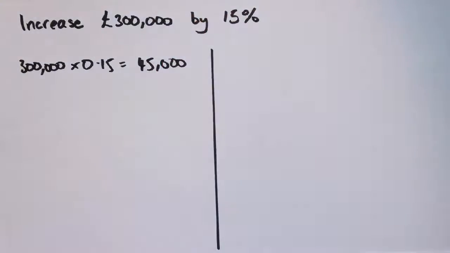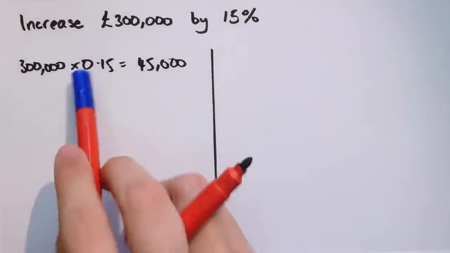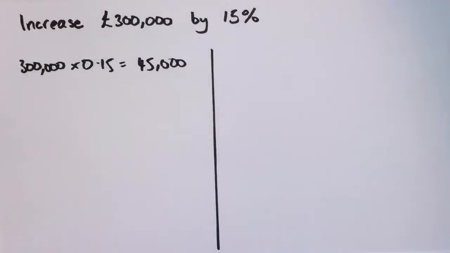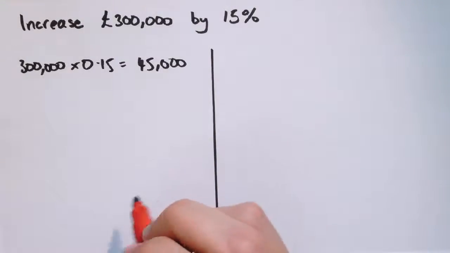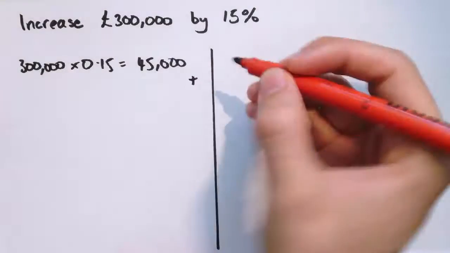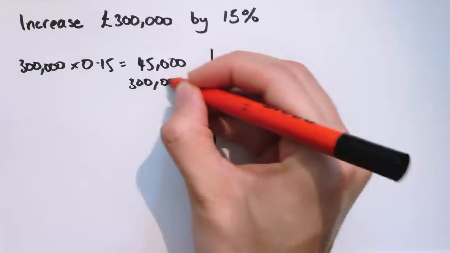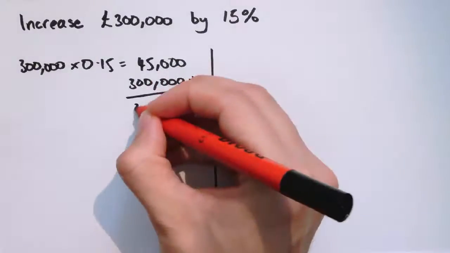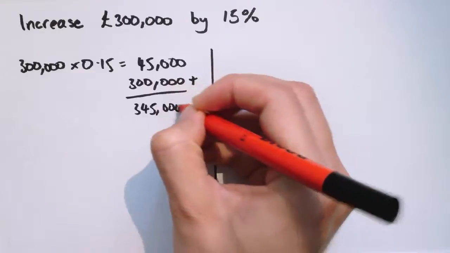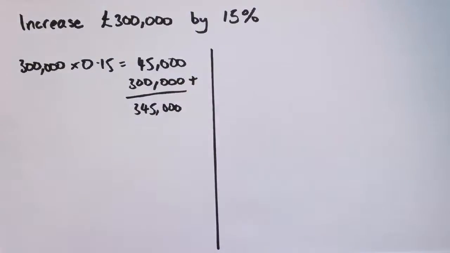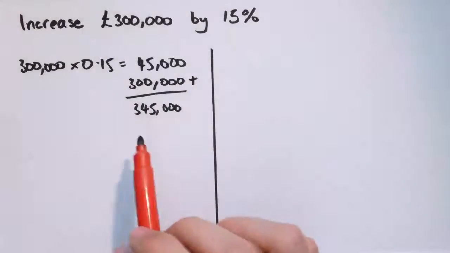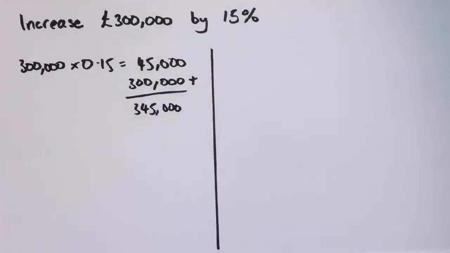So there's a scale factor in use here, 0.15, but not used as efficiently as it might be. And then I'm just going to add that on to 300,000, and that gives me 345,000. And that's the correct answer. That's the original amount plus an extra 15%.